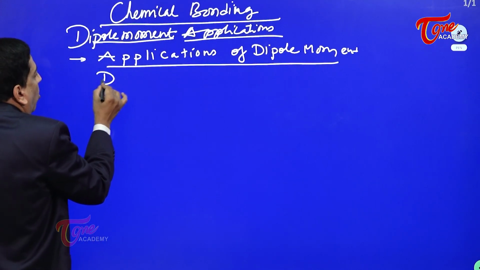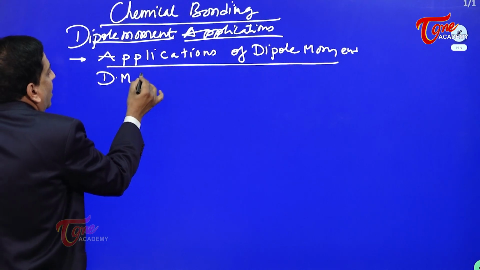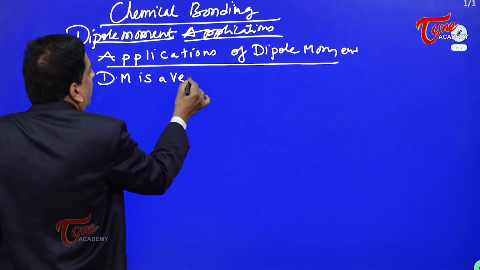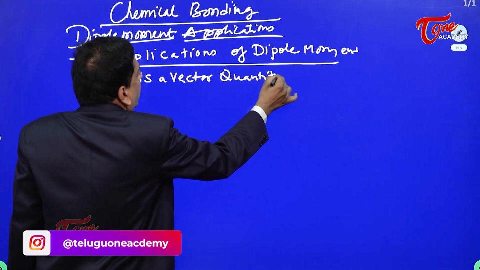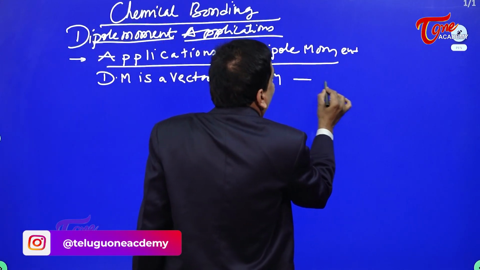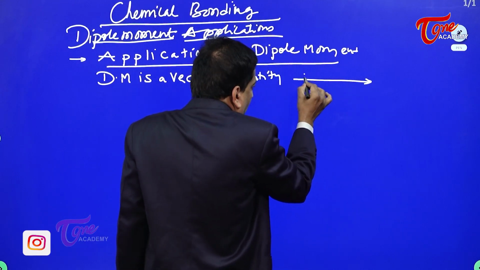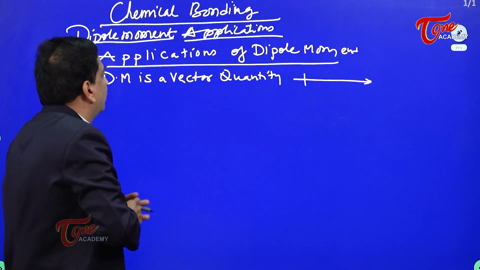Remember, dipole moment is a vector quantity, denoted by a vector this way, with a positive charge on the tail.